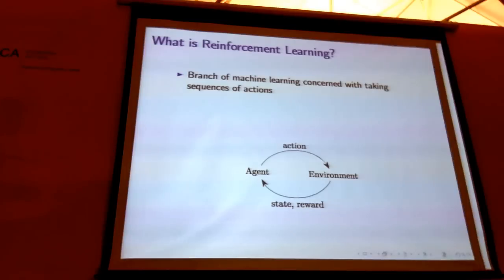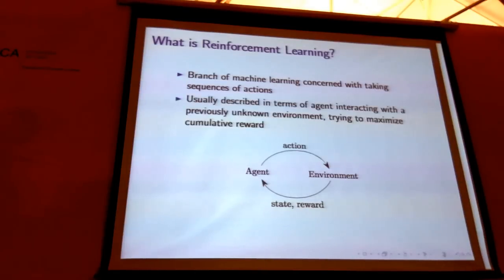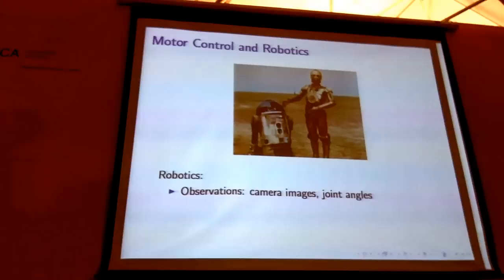Every time step, the agent outputs an action, and every time step, the environment returns an observation and a reward in general, or possibly the state of the system and the reward. So usually reinforcement learning is described in these terms where you have an agent interacting with the previously unknown environment and trying to maximize this cumulative reward. That should say observation and reward.